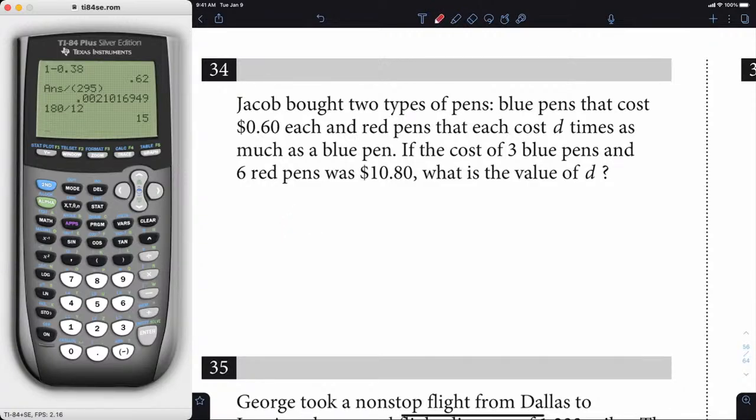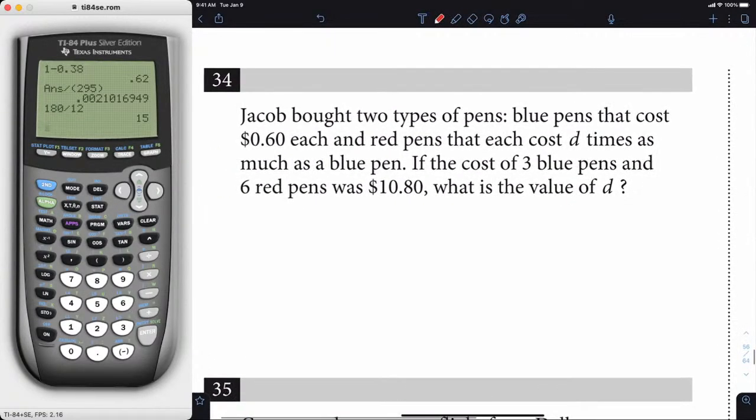Interesting. So Jacob bought 2 types of pens. Blue pens that cost 60 cents each, okay, 0.6B. And then 0.6B plus... Okay, so 6 red pens plus 3 blue pens is equal to 1080.